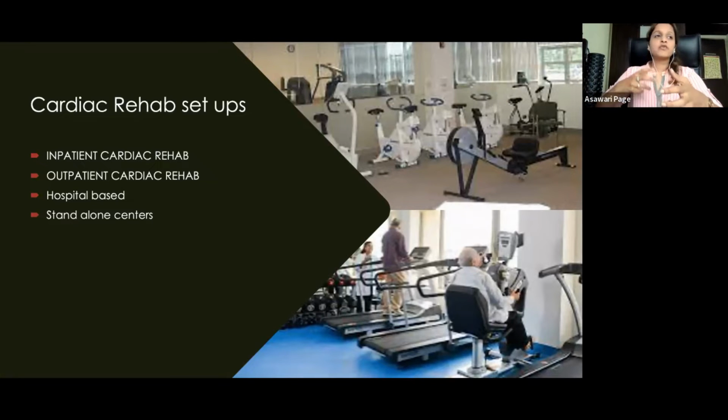If a person has a syncope, goes into arrhythmias, or just falls down, you need to have access to emergency services, and that's the reason most of these setups are hospital based, where you have all this access.